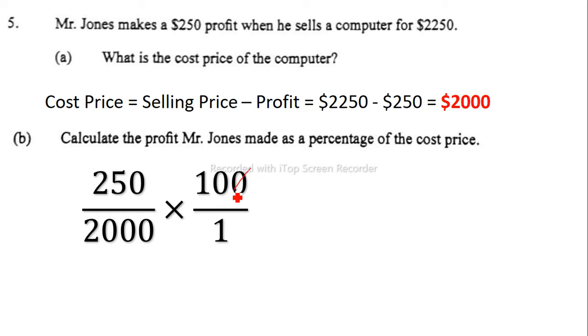This 0 cancels out with this 0, and that 0 cancels out with this 0, and this 0 cancels out with this 0, leaving us with 25 times 1, which equals 25. 25%.